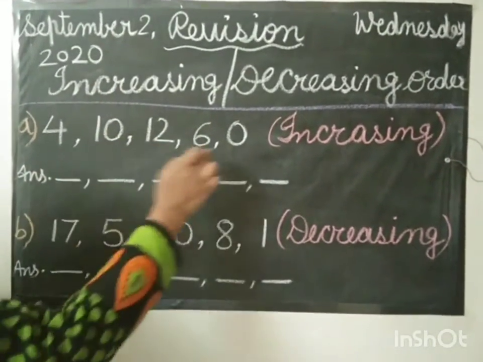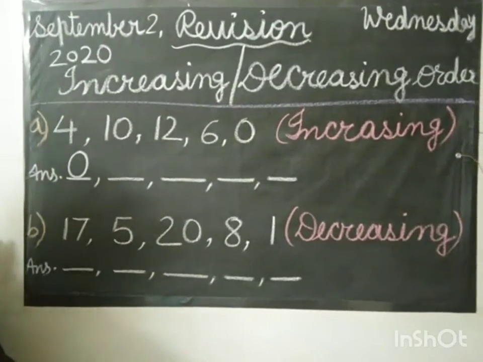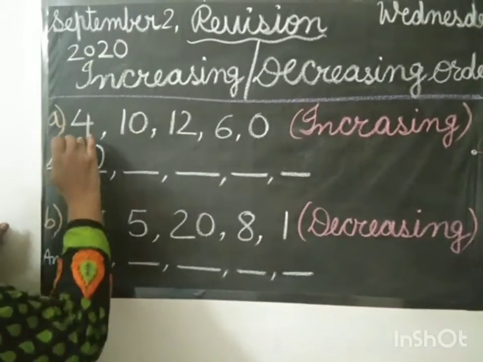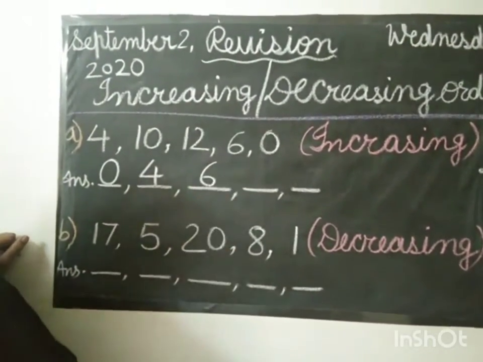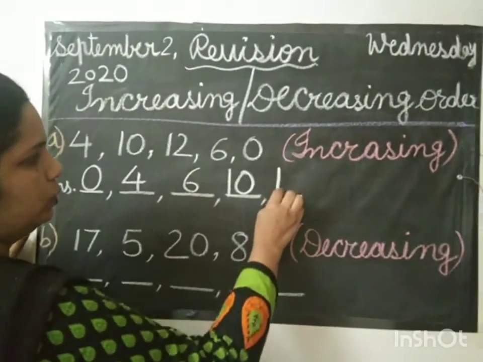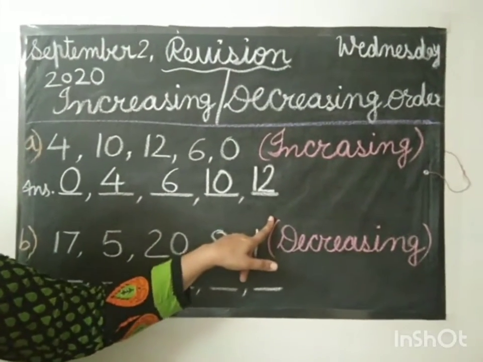So which is the smallest number here? 0. So we will write first here 0. Then which is bigger than 0? 4. Then 6. Then 10. And then 12. So in this way we can arrange the numbers in increasing order.